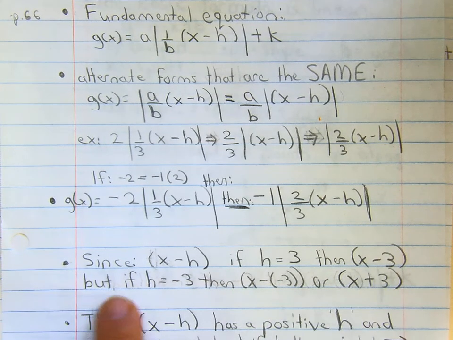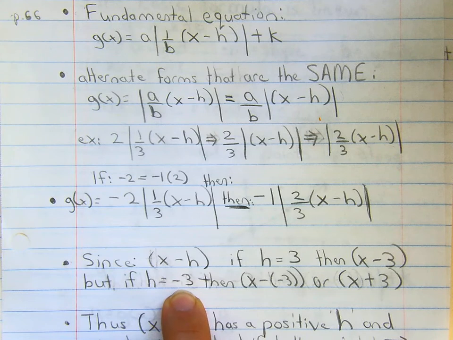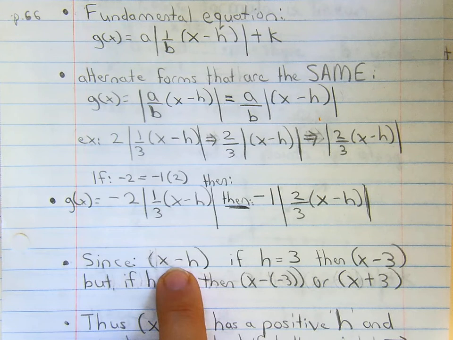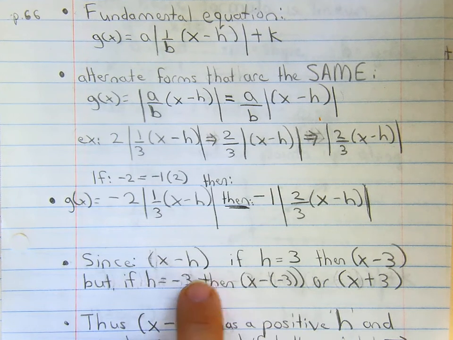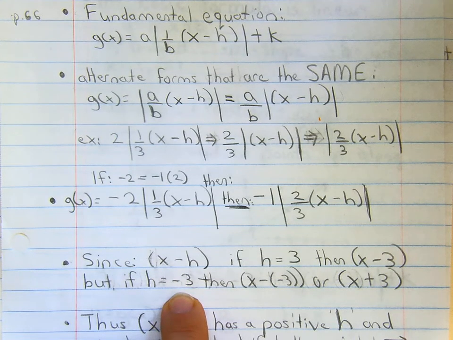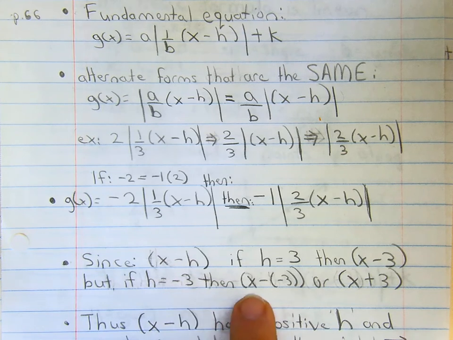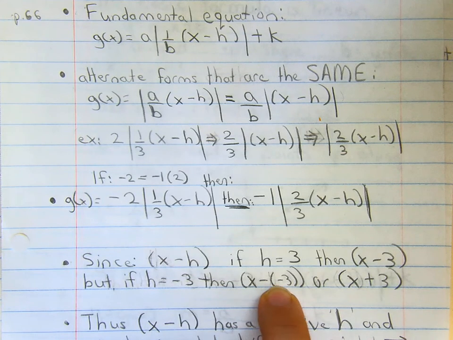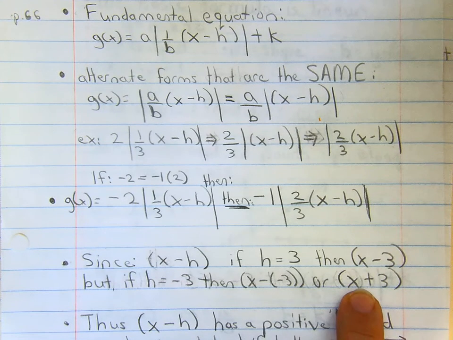But let's say h is -3. This negative still is part of the initial formula. It's minus whatever h is. So if h is -3, then it's minus -3, or what you have here, where a negative times a negative gives you a positive.